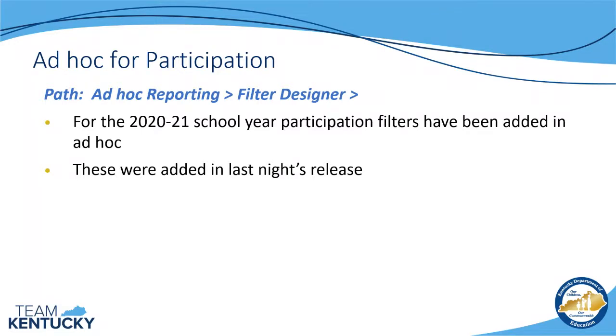So our first suggestion would be to check out Campus Community. A lot of times in Campus Community, they will have their ad hoc reporting filters, and it'll kind of lay out, if you use this filter, here's what you're going to get. If that isn't helpful and you still need help, we're trying to put together a sample ad hoc to send out to the districts.